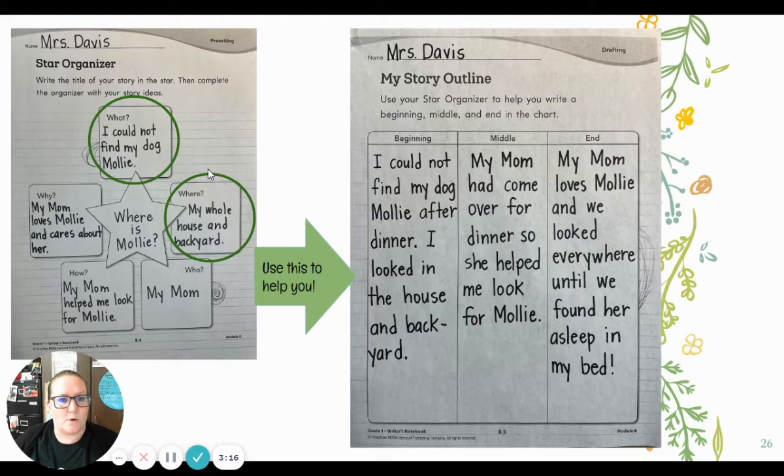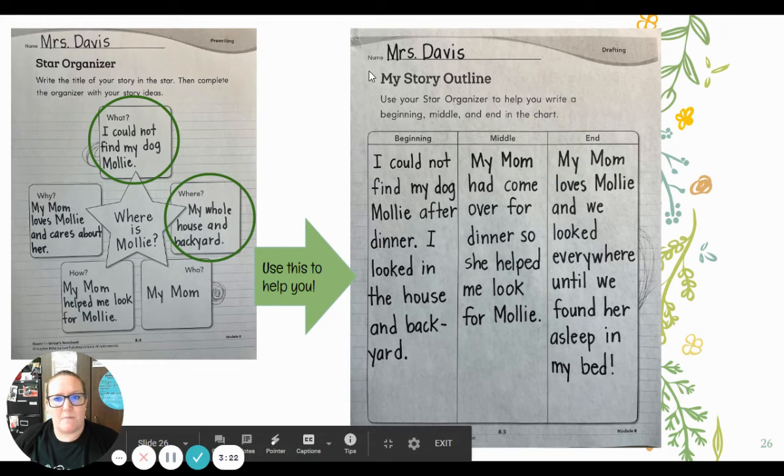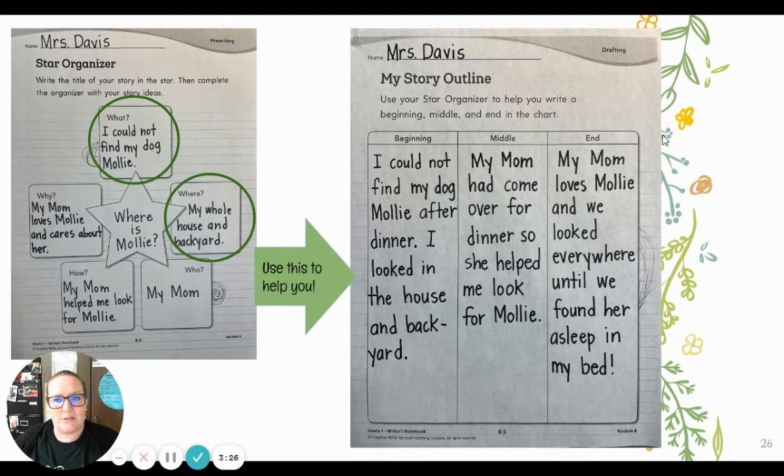Now I'm going to model with my personal narrative. Here's my star organizer about my story called Where is Molly? And I'm going to use this copy of my story outline. You can see it has a beginning, middle, and end, just like our example. You can also do that on a piece of paper if you fold it into 3 parts. Make yourself a beginning, middle, and end.